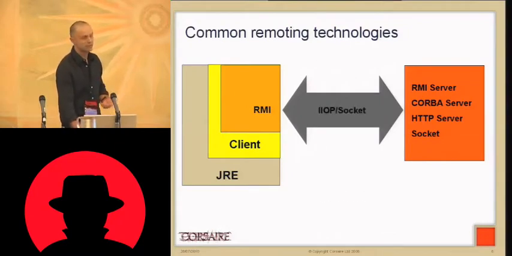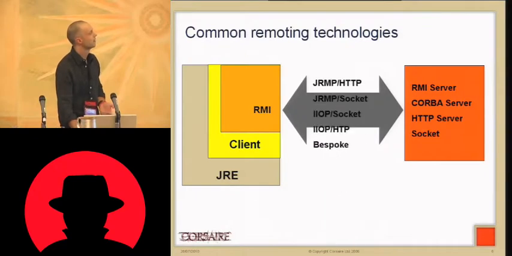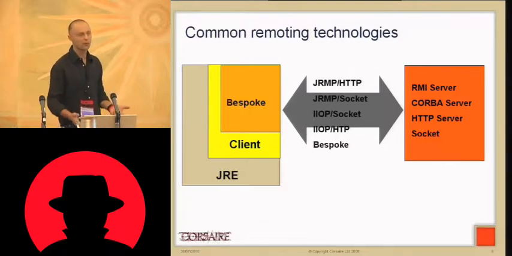For the transport, same thing. There's loads of different transports you can use, IIOP over socket, IIOP over HTTP, even a completely bespoke transport that the developer has invented for this particular application. And of course, EJB and RMI on the client side, or something invented specifically for this application.